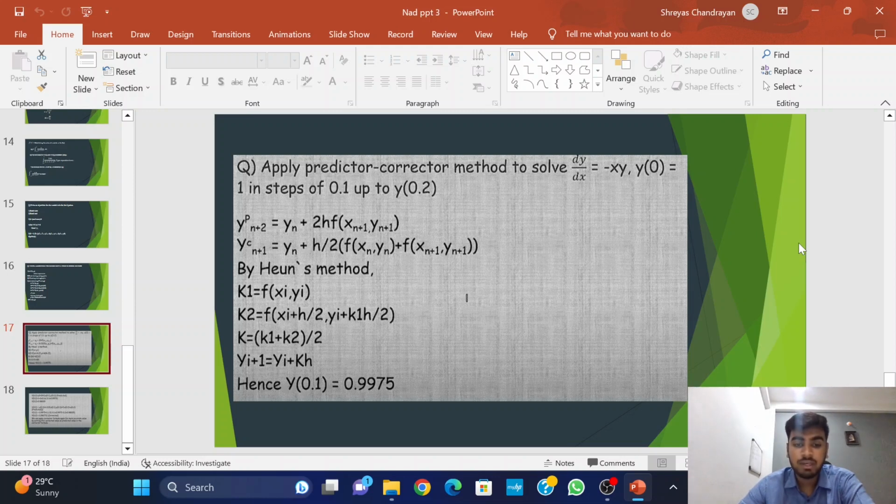By Heun's method, k1 is equals to f(xi, yi), k2 is equals to f(xi plus h, yi plus k1 h), k is equals to (k1 plus k2) by 2, yi plus 1 is equals to yi plus kh. Hence y(0.1) is equals to 0.9975.